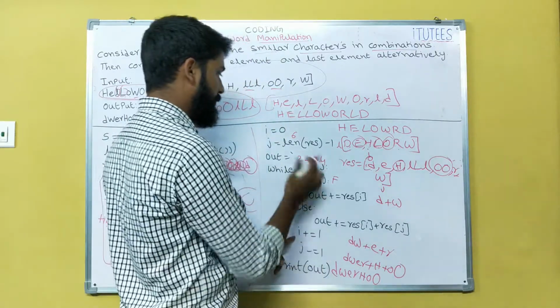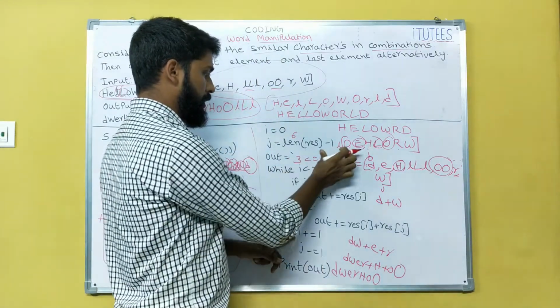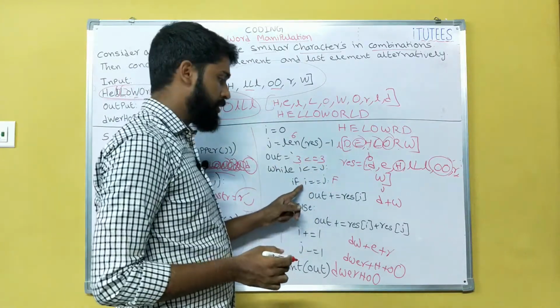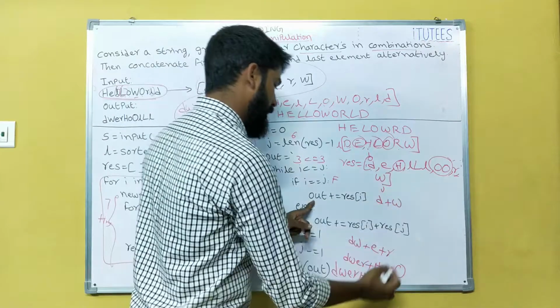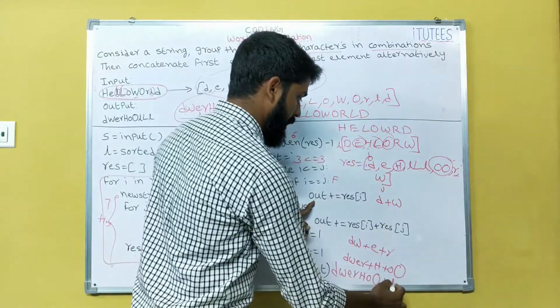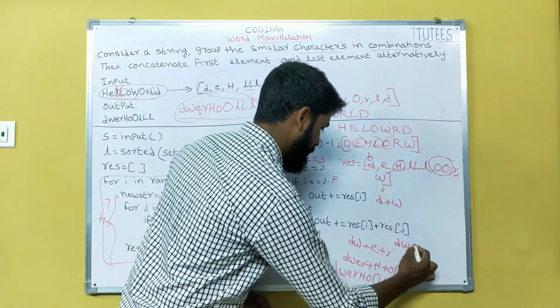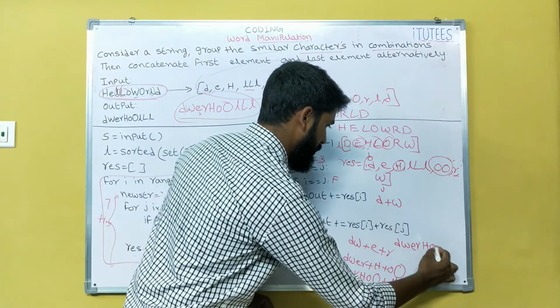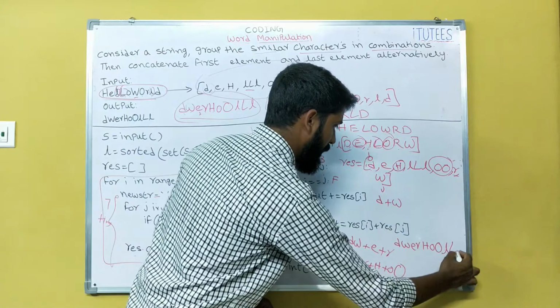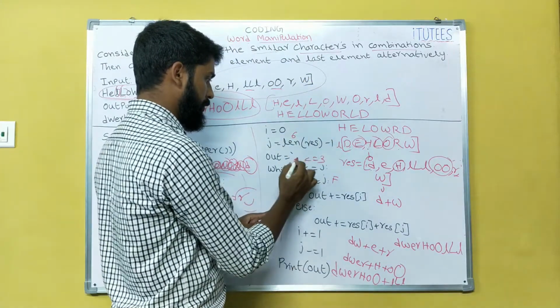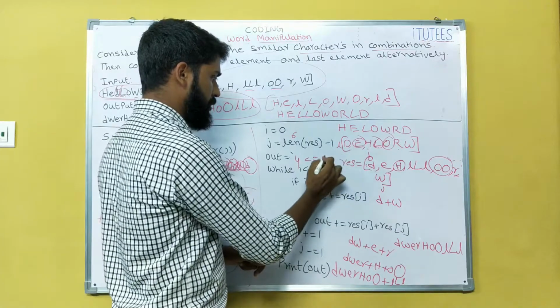So again i plus plus 3, j minus minus 3, i equals j. So simply we can append L, capital L, l. So that means output is DWERHOOLLL. After that i equals 4, j equals 2.